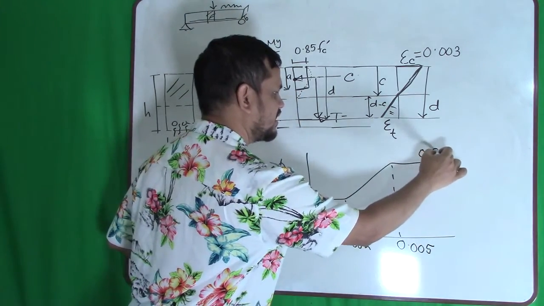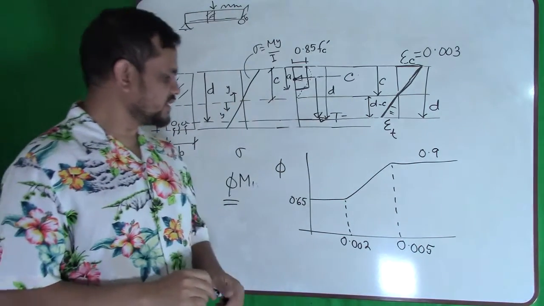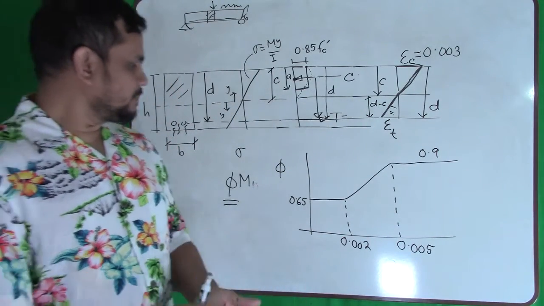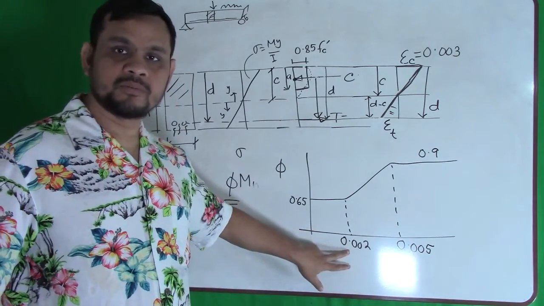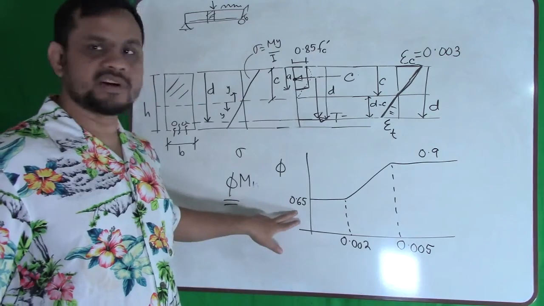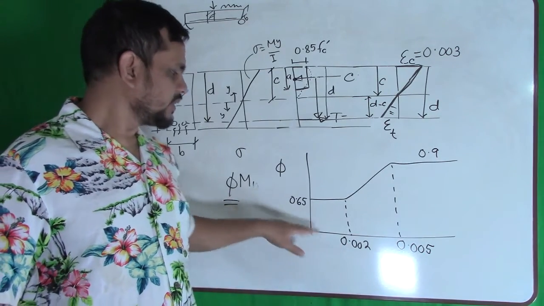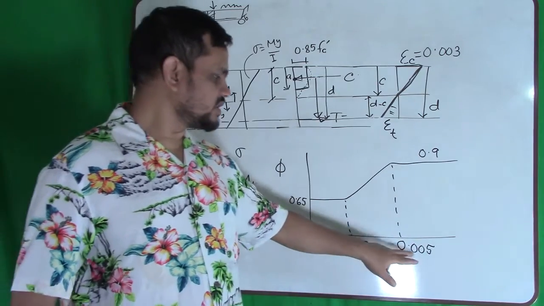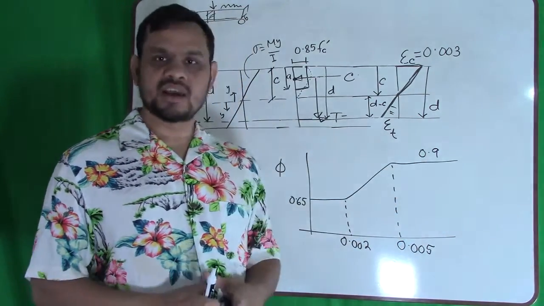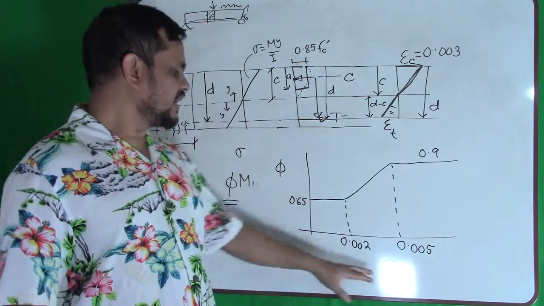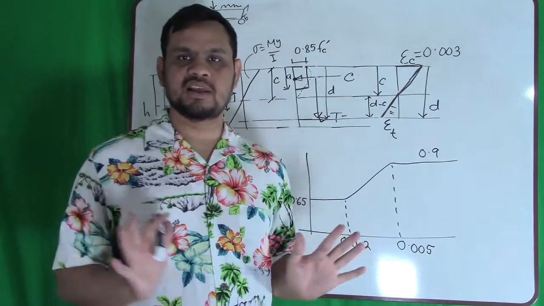This value is 0.9, this value is 0.65. So if my tensile strain is 0.002 or less, my phi value is 0.65. If my epsilon t is 0.005 or more, it is 0.9. Whatever the value of epsilon t, if it is here or here, you get an answer clearly.